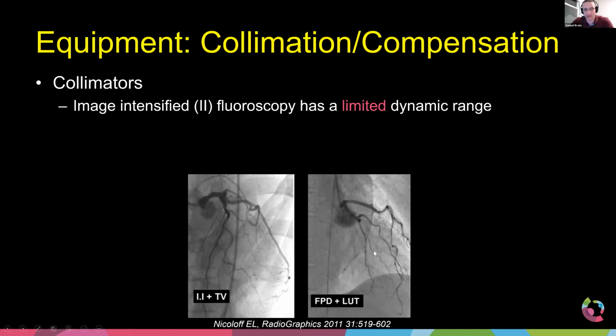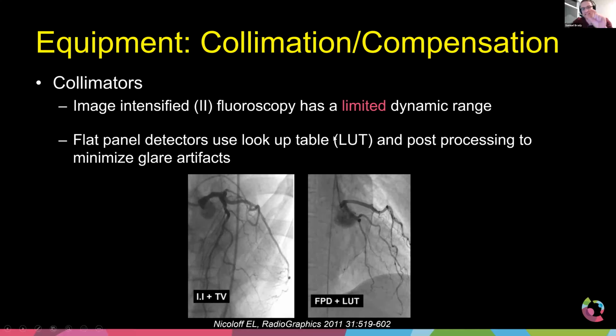Whereas in the flat panel detector, you have a better dynamic range. And that is purely based on the fact that we can digitally change the post-processing on these flat panel systems differently than we can on the II.